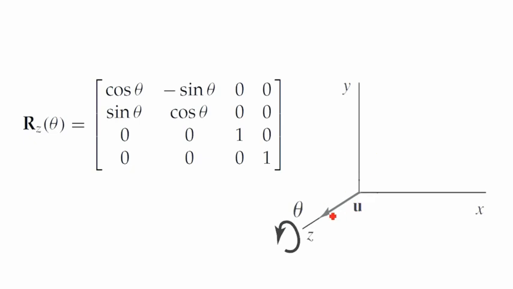Now I'll have to rotate my object around z-axis. The rotation is performed using the z-axis rotation matrix, which we've seen in the 3D transformations video.